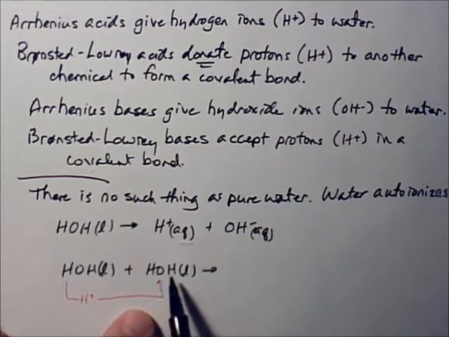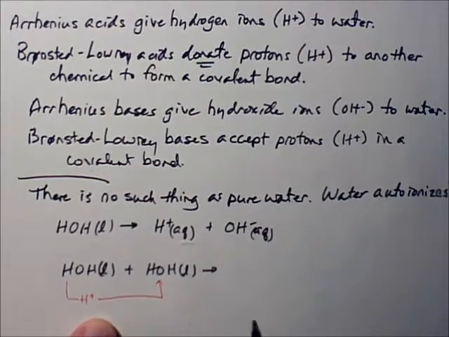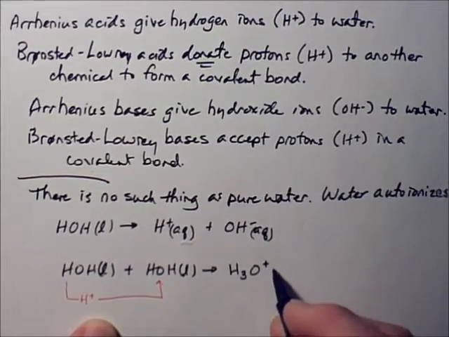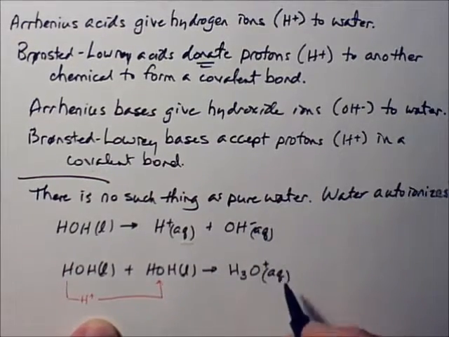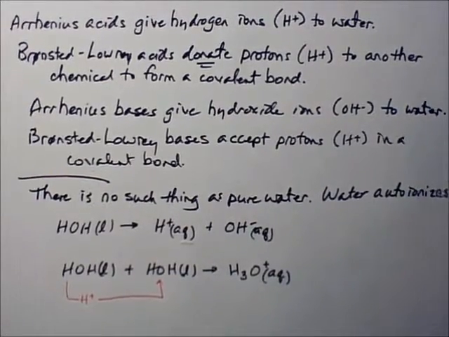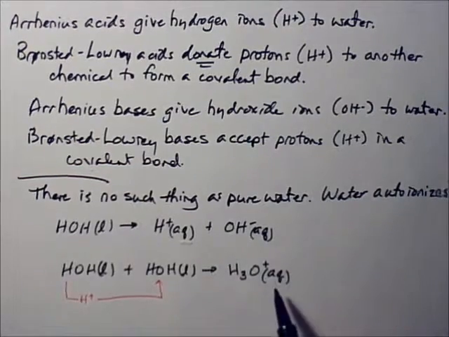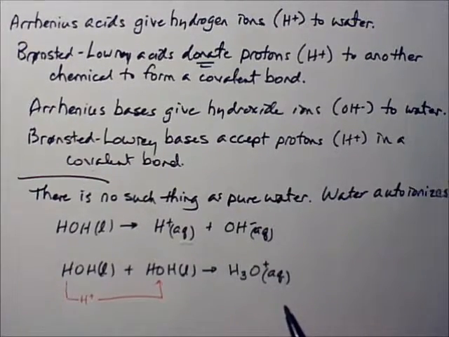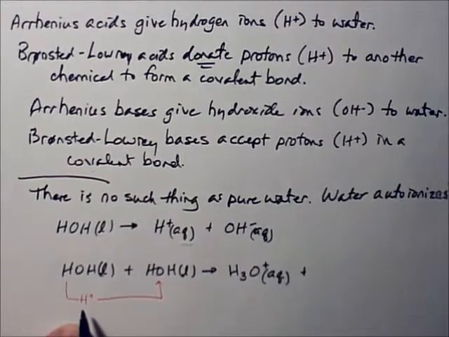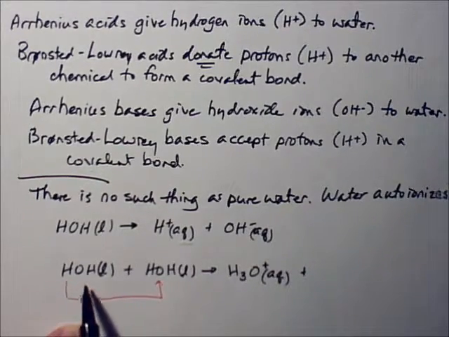Not more water, because now it has 3 hydrogens and a positive charge. What is that called? We've learned this before. What do you call that? All right, we took a hydrogen ion off of here.